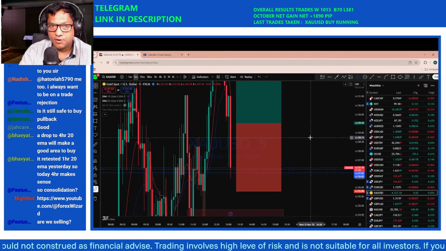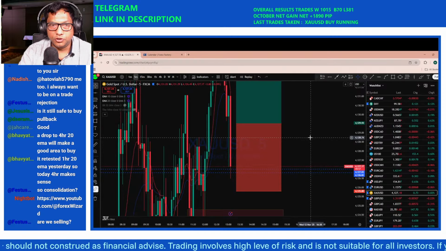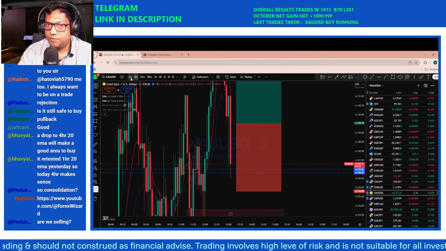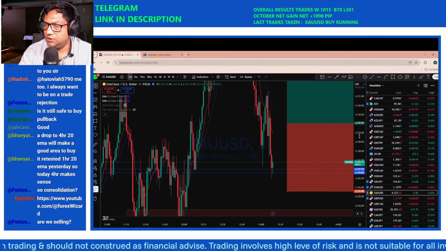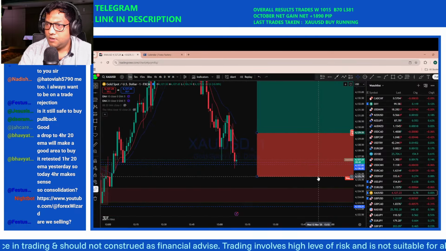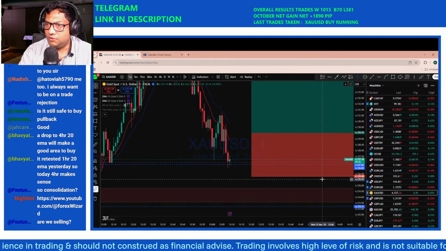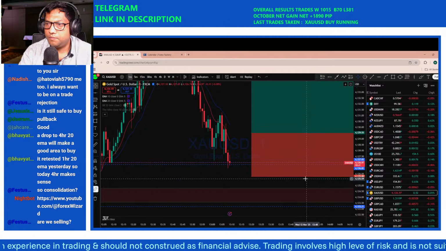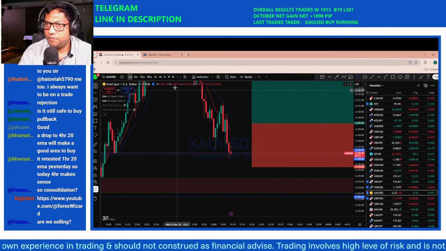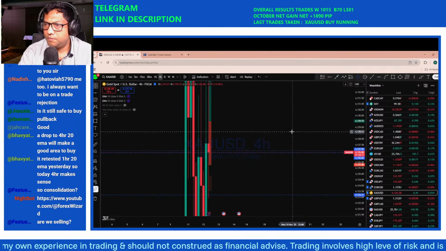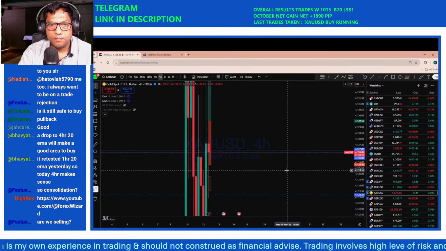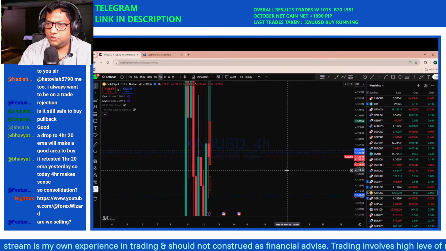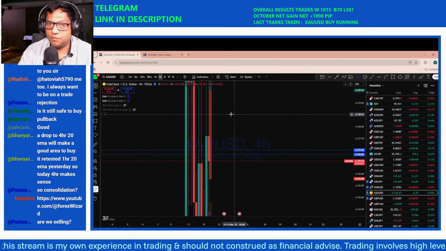If we are stopped out, we will be re-entering again for a potential another move back to the upside. So there is still possibility for rejection. Might get stopped out. It's a bit of stronger rejection.